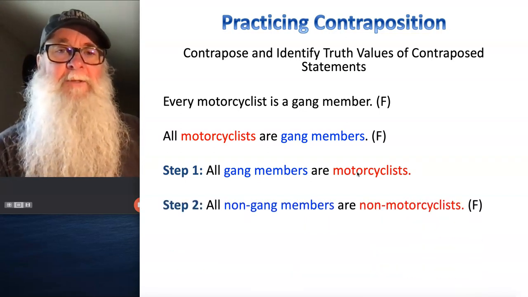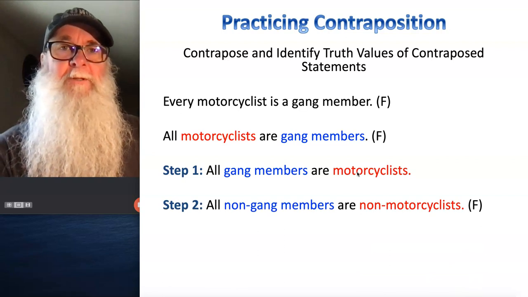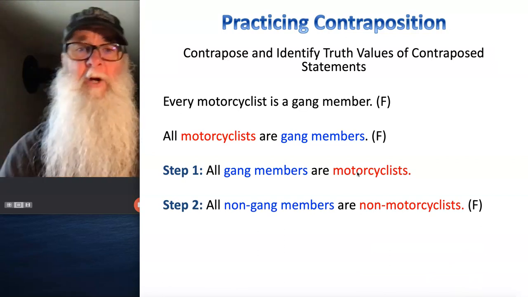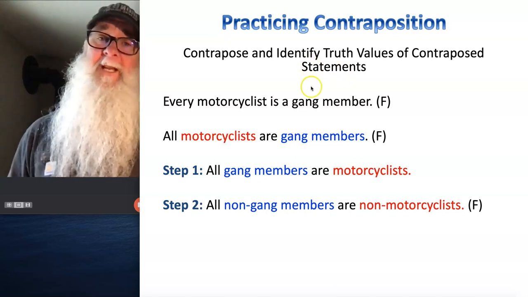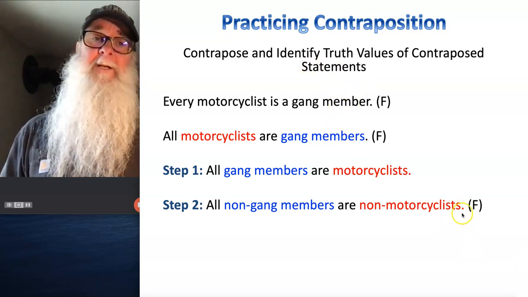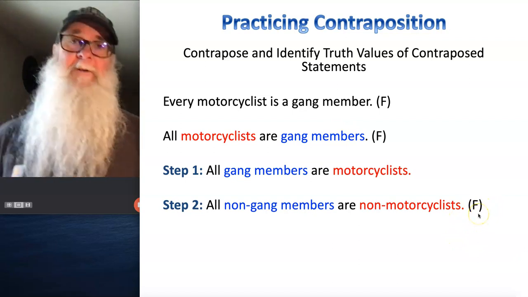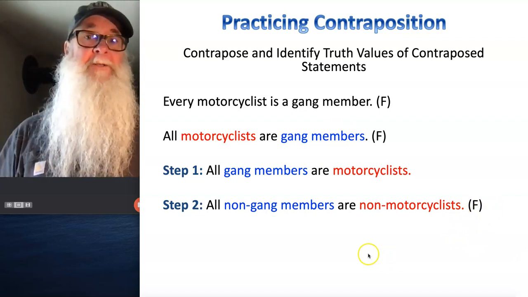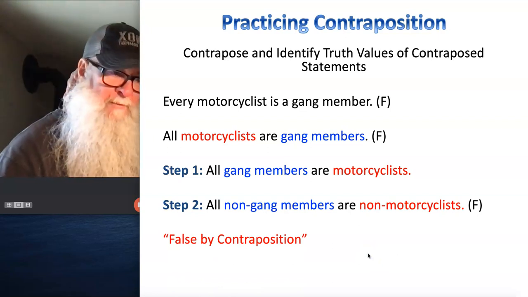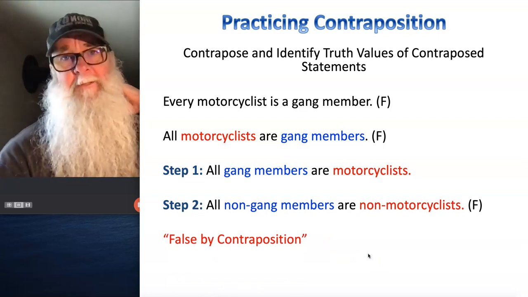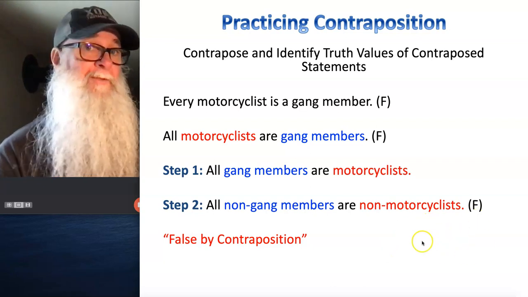And then applying step two, we're going to change both of those terms to the term complement. So we would get all non-gang members are non-motorcyclists. And if the original statement was false, the contraposition is also going to be false because that false value follows the contraposed A statement. Okay, and so we'd say the new statement is false by contraposition because the original statement that I contraposed was false.